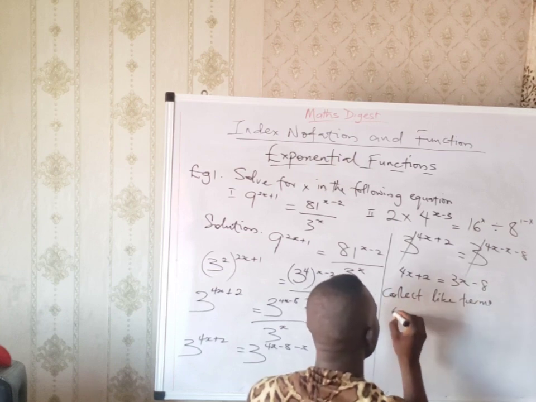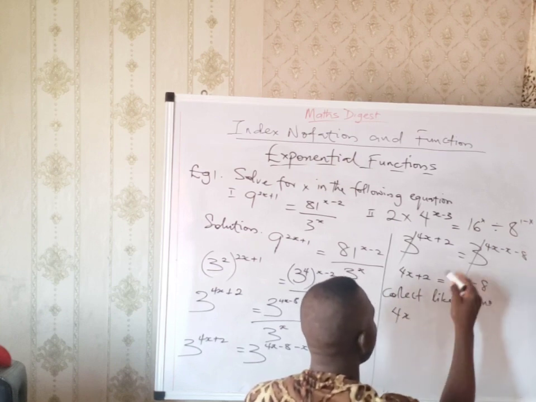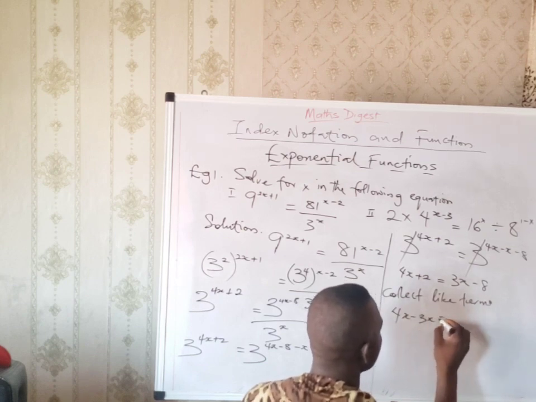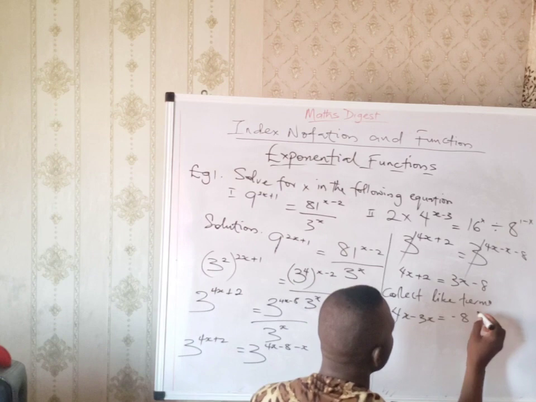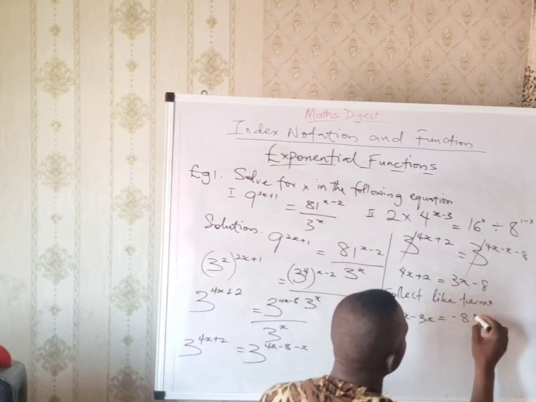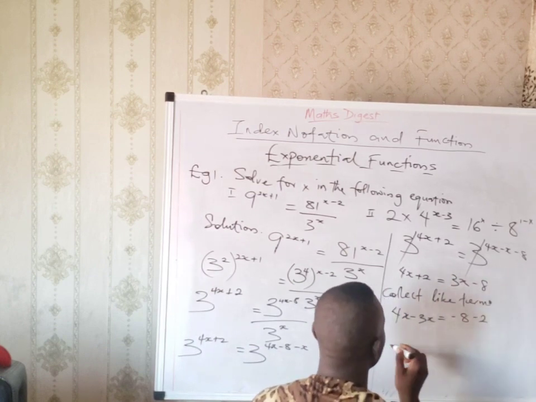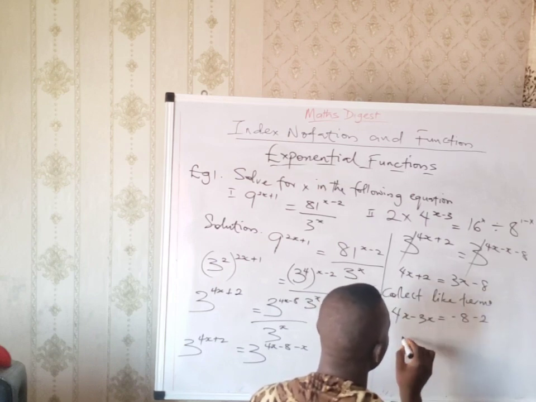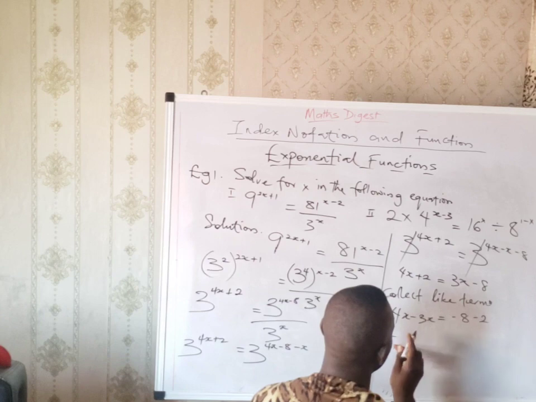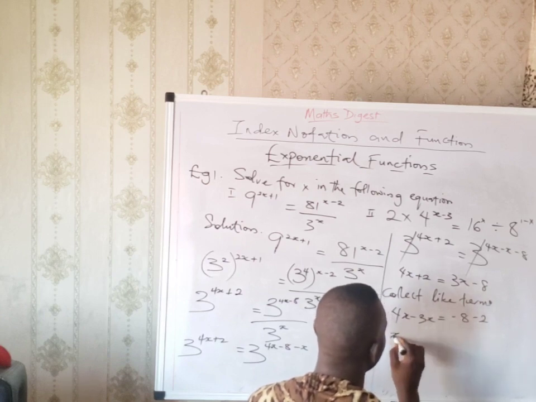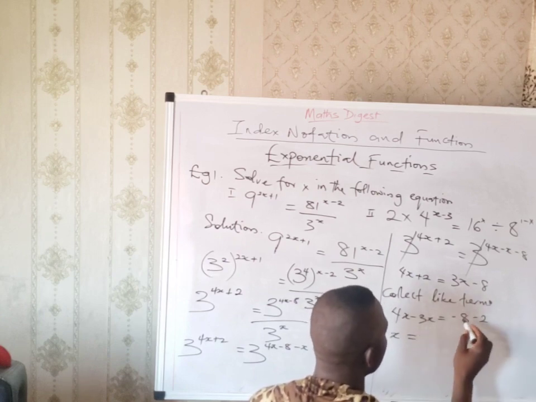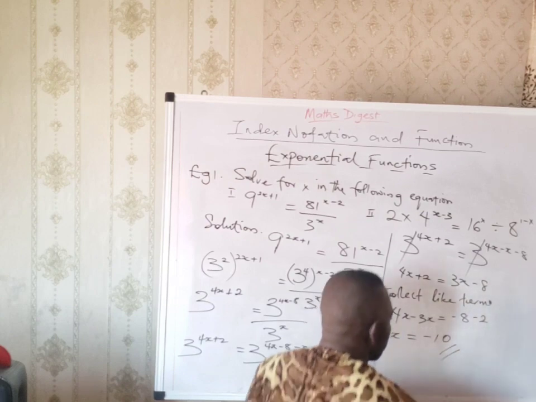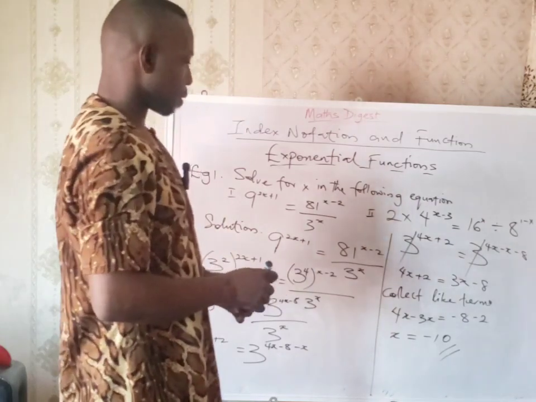From here we say 4x, 3x crossing equality sign will be minus 3x, equal to minus 8 plus 2, crossing equality sign we have minus 2. From here we say 4x minus 3x will give you plus x now. So we have x equal to minus 8 minus 2 will give you minus 10. So this is the final answer.